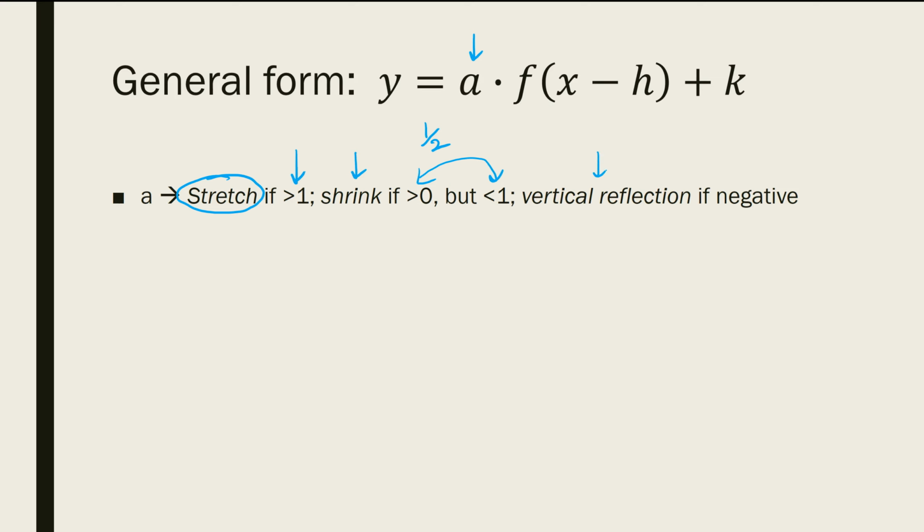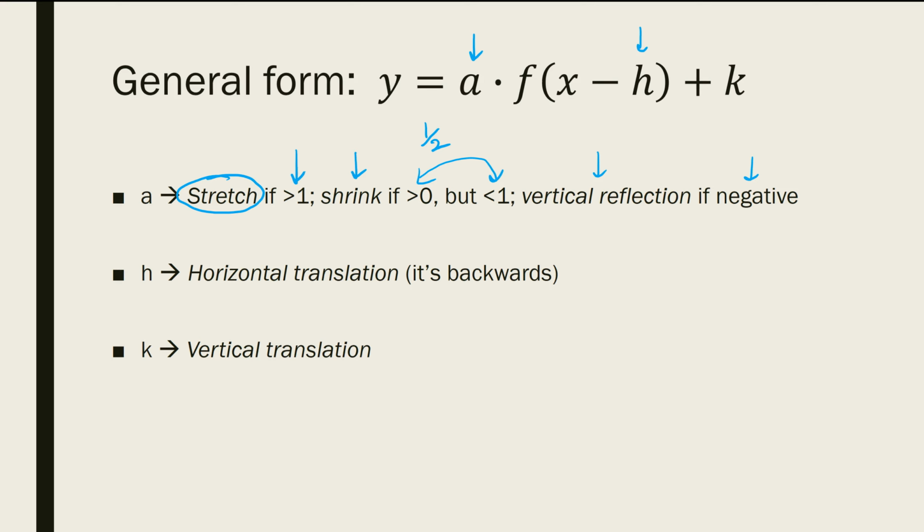And it will be a vertical reflection if the a is negative. So that's all what we talked about today. A review from yesterday is the h was the horizontal translation, and remember it's kind of backwards because of the minus sign. And then the k was the vertical translation.